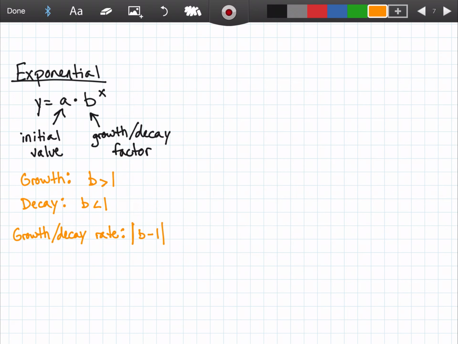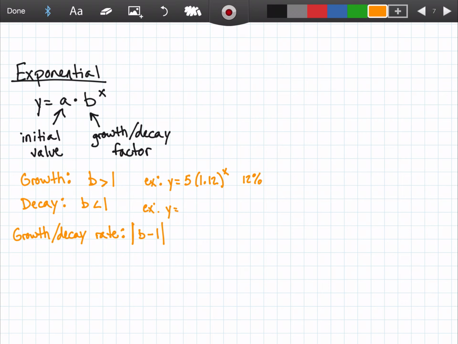And if you want your growth or decay rate, it's basically just how far is your number away from 1. So for example, let's say I have y equals 5 times 1.12 to the x. That's going to have a 12% growth rate.